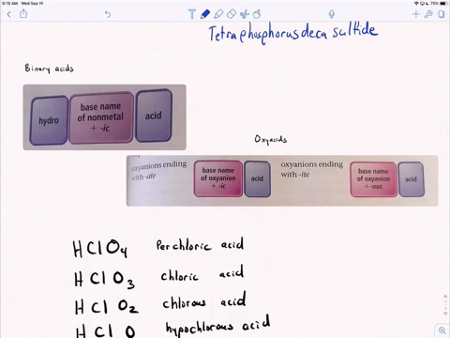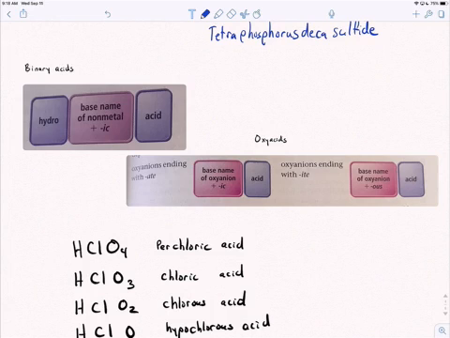So just to confuse you even more, there is no convention over what is an ate and an ite oxyanion. So to give you an example, nitrate is NO3, sulfate is SO4.